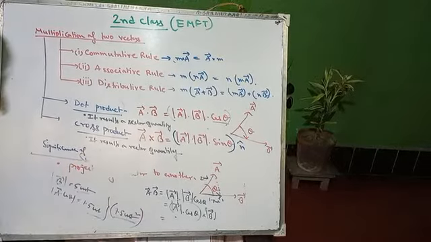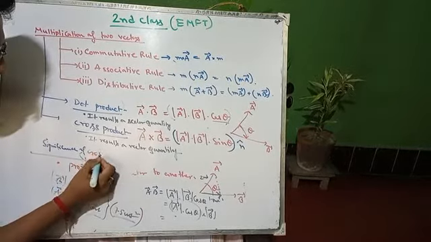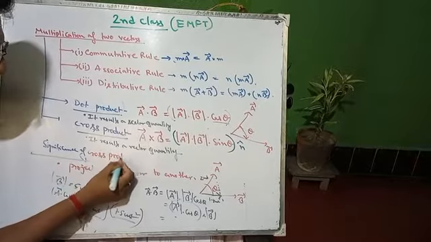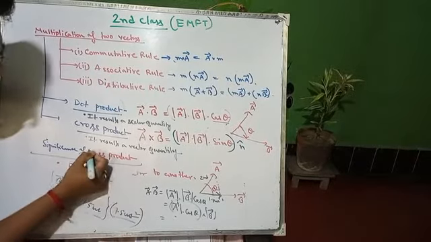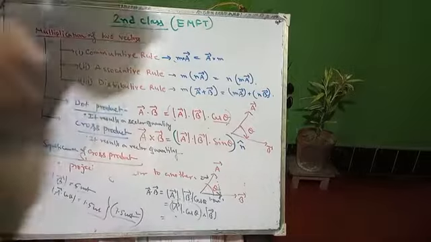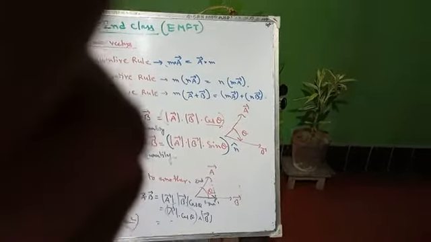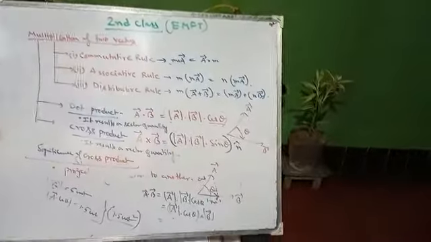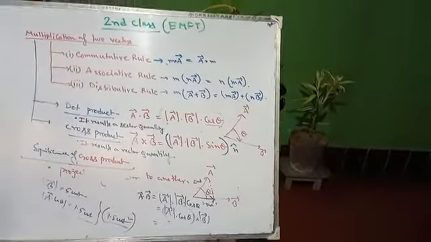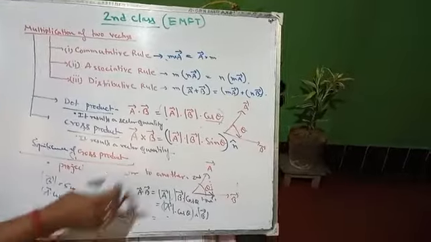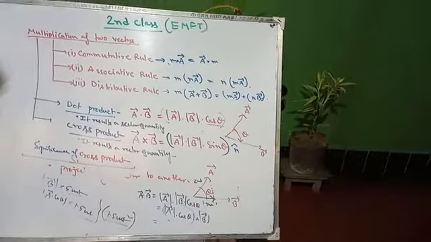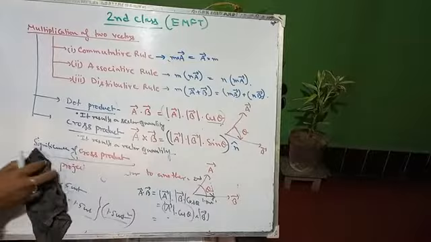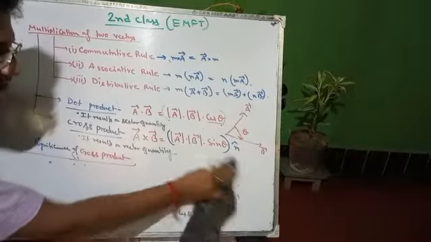So what is the cross product? Dot product signifies the projection of a vector on another. Now I will move to the significance of cross product.